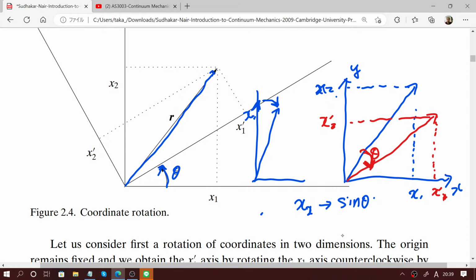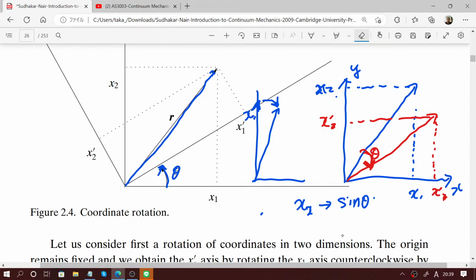Sorry, so this is x2, and this one is x2 prime. I should use red.